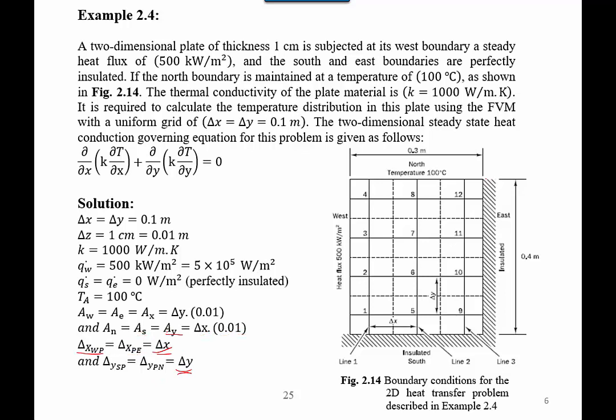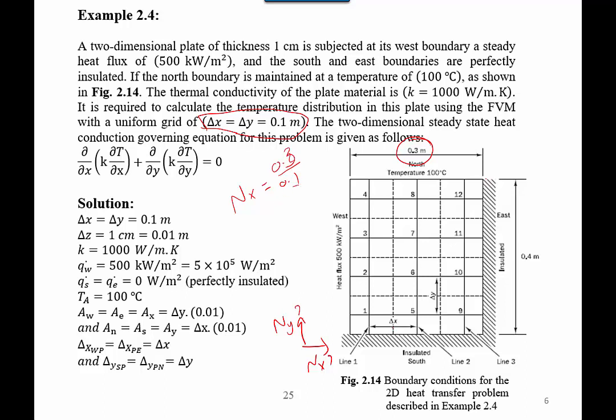As we see here, we have to divide the domain into a number of control volumes in the x direction and a number of control volumes in the y direction. Since the question forces us to take delta x equal to delta y equal to 0.1 meter, and since the width of this plate is 0.3, therefore nx will equal 0.3 divided by 0.1.